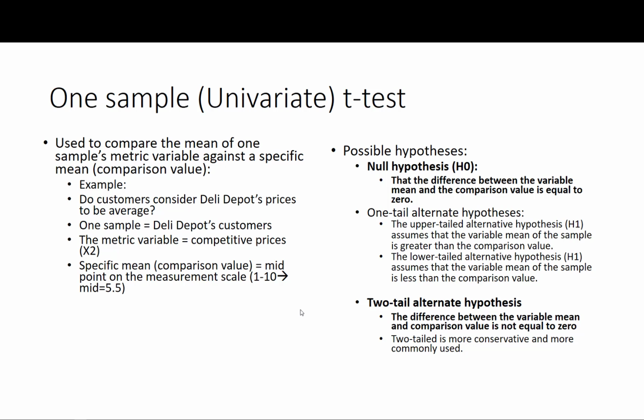So this is what we would call a theoretical mean, as in the midpoint between 1 and 10 becomes the theoretical mean, or the average against which we are comparing Delhi Depot customers' perceptions of price competitiveness.